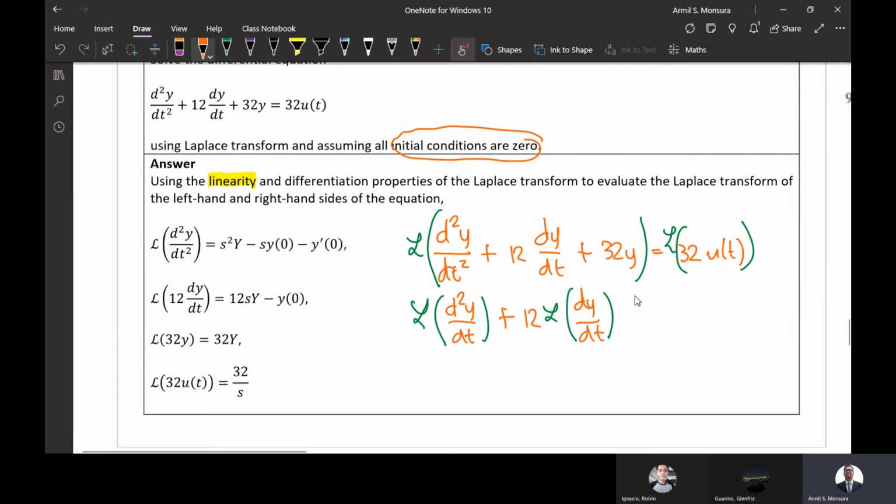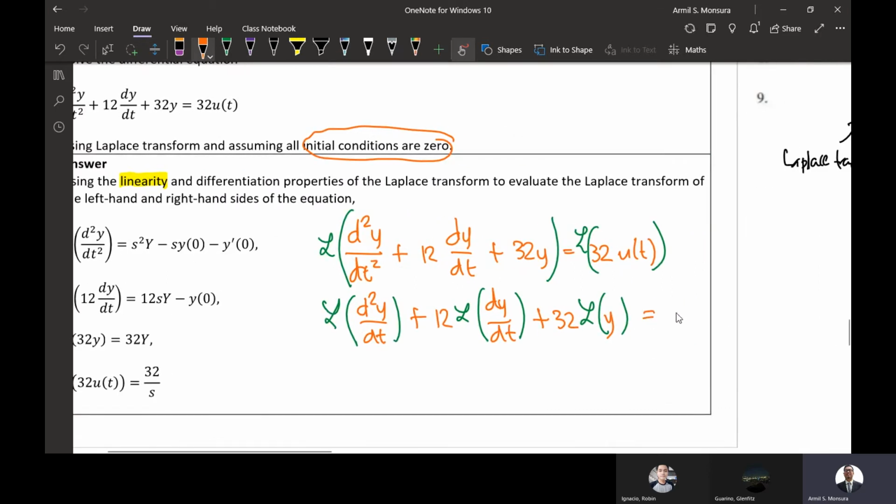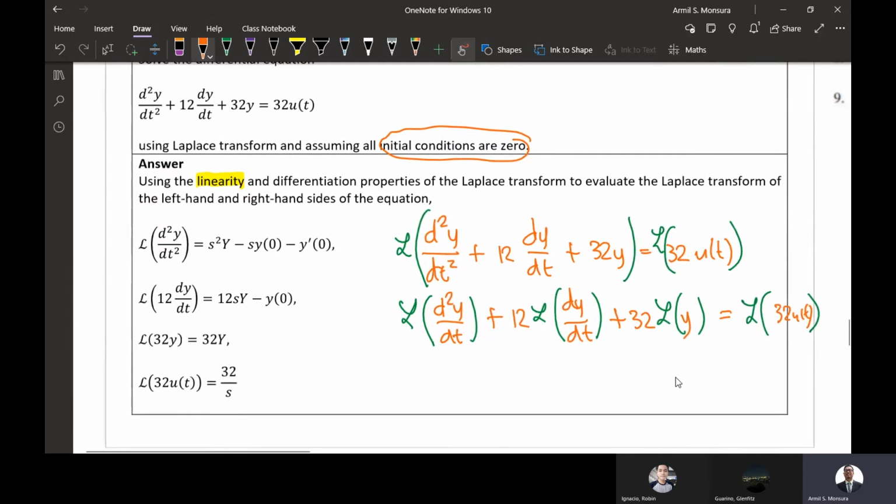Okay, tapos ito, may 32 ito. So, ilalabas natin yung 32. Then, kukunin natin yung Laplace transform ng y, which now equals the Laplace transform of 32 u of t. Okay? So, that's how we apply yung linearity.